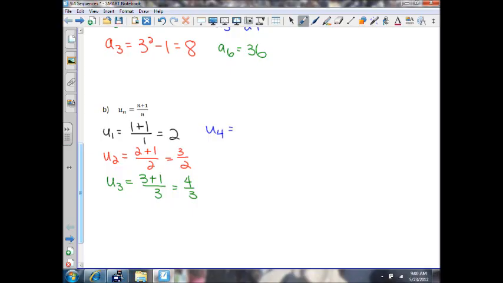U sub 4 will be 4 plus 1 over 4, which is 5 over 4. U sub 5 will be 5 plus 1 over 5, which is 6 over 5. U sub 6 will be 6 plus 1 over 6, which is 7 over 6. Then U sub 100 will be 100 plus 1 over 100, which is 101 over 100.